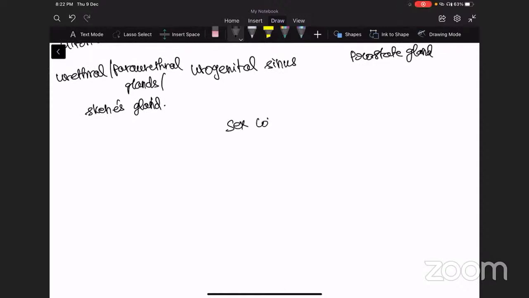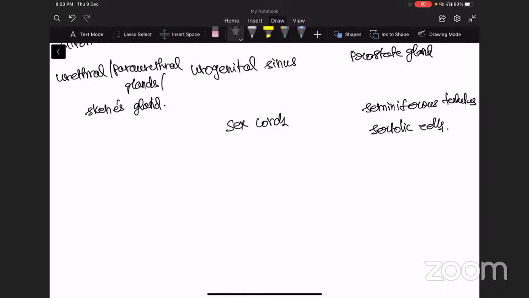The sex cords, homologous for seminiferous tubules, Sertoli cells. Yes, correct.